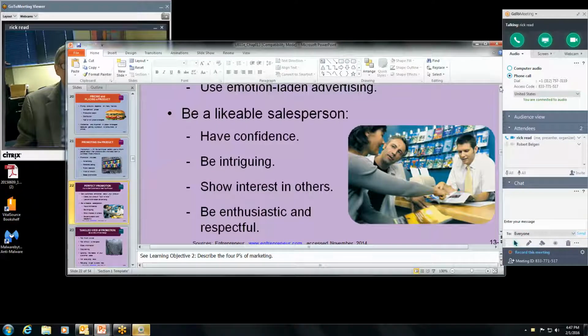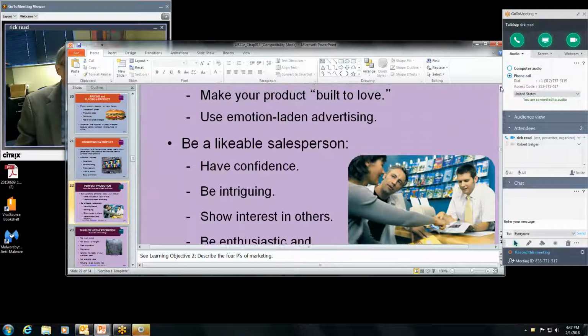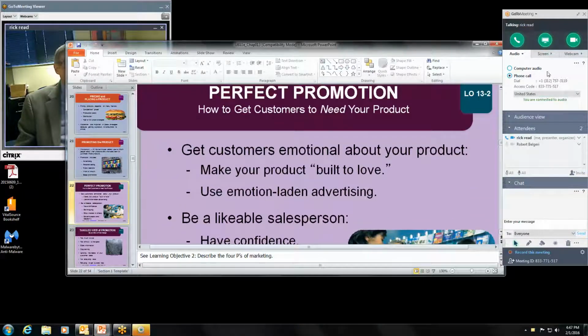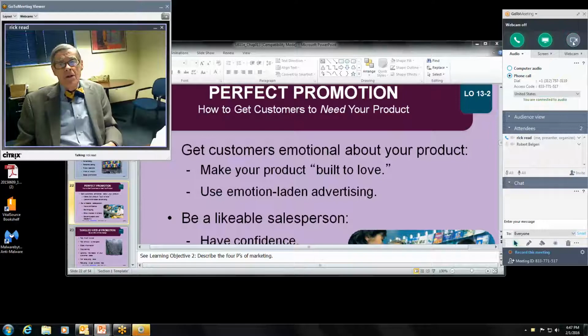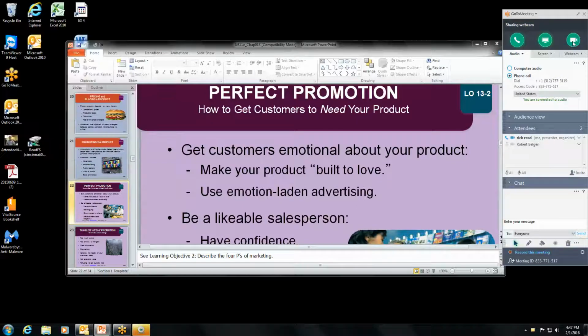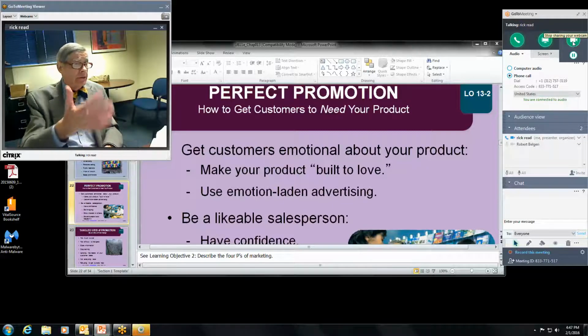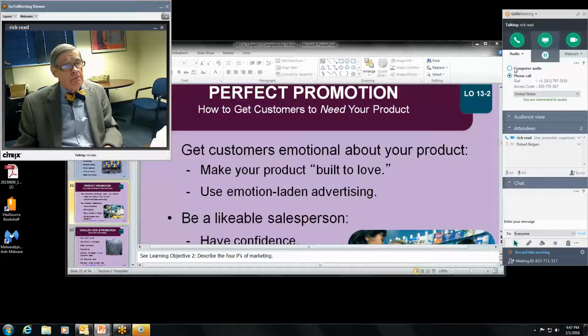This particular slide talks about perfect promotion. I don't know that there is such a thing. I suppose it could be. There are a lot of things we think in here. You want your product to be built to love. Well, if it's an inanimate object, you can't love that because it takes another animate being to reciprocate with love.